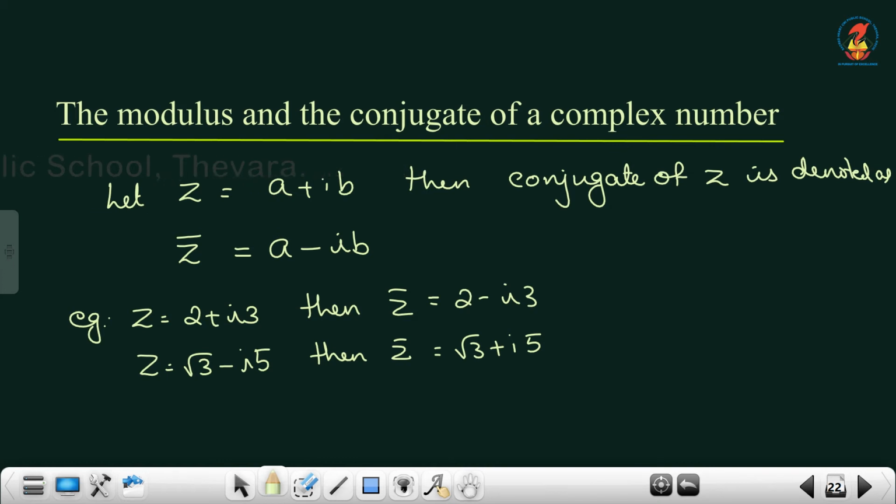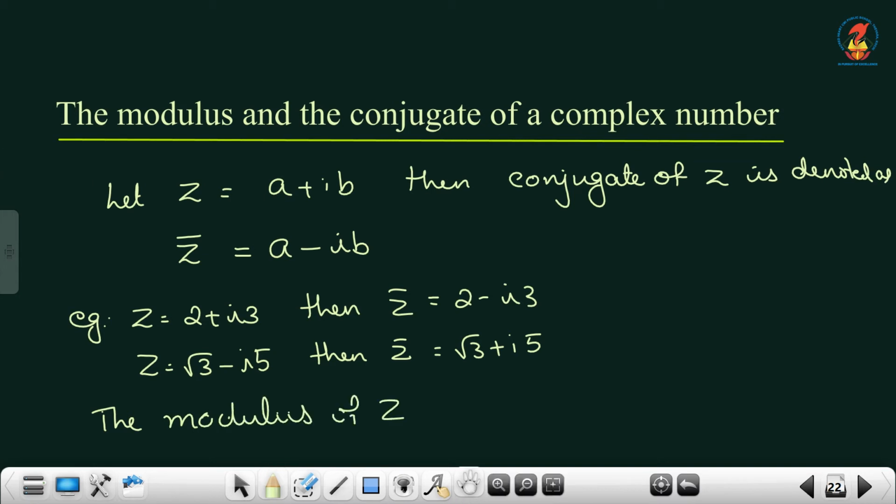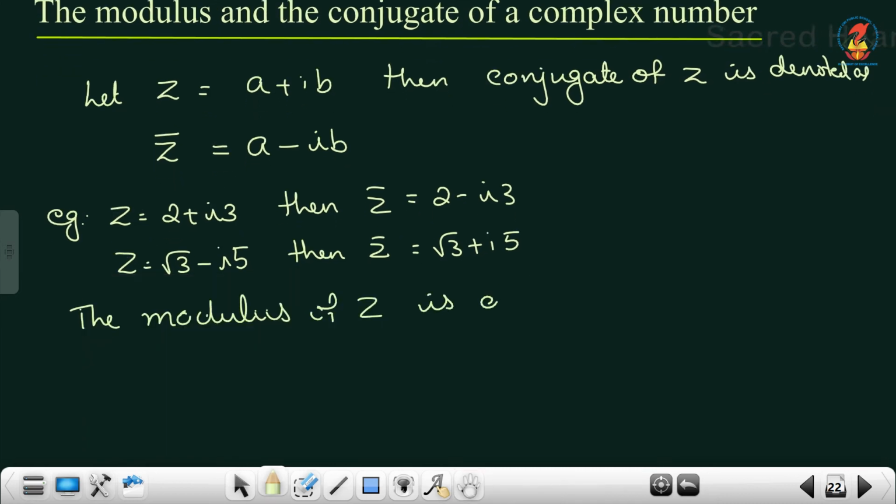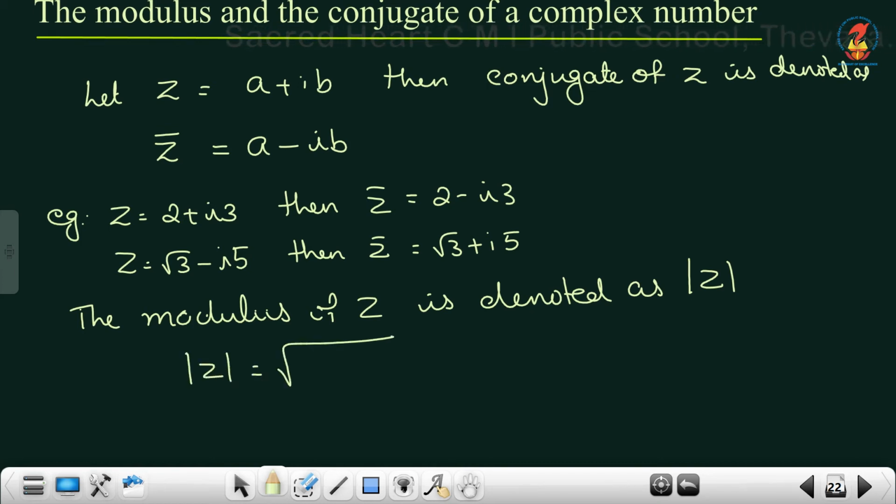Now what is the modulus? The modulus of z, where z is a complex number, is denoted as mod z and is defined as mod z equal to root of a square plus b square.